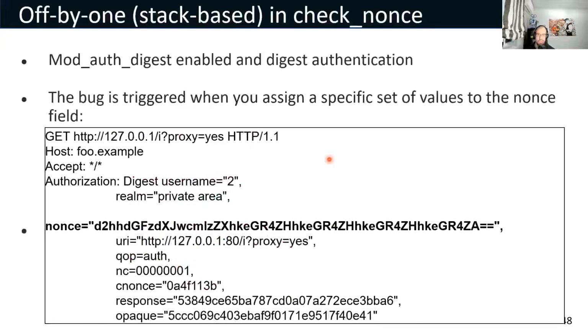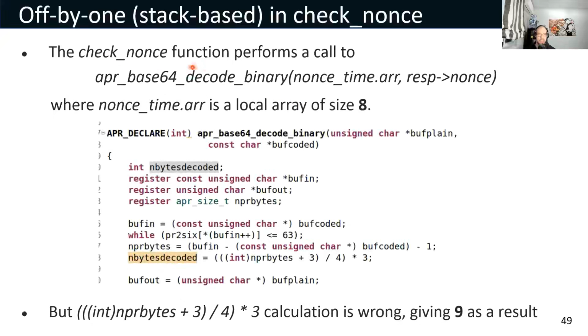So then the check nonce function performs a call to the base 64 decode binary function in order to decode this value. The thing is, the first argument is a local array of size 8.